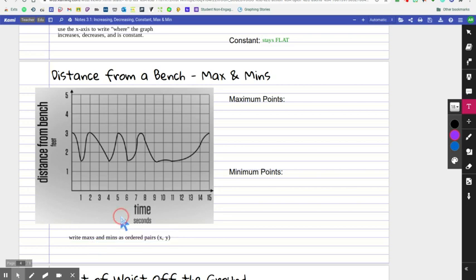But when I say a maximum point, somebody tell me, how would you describe a maximum point? Describe it as a high point, a low point, a medium point.